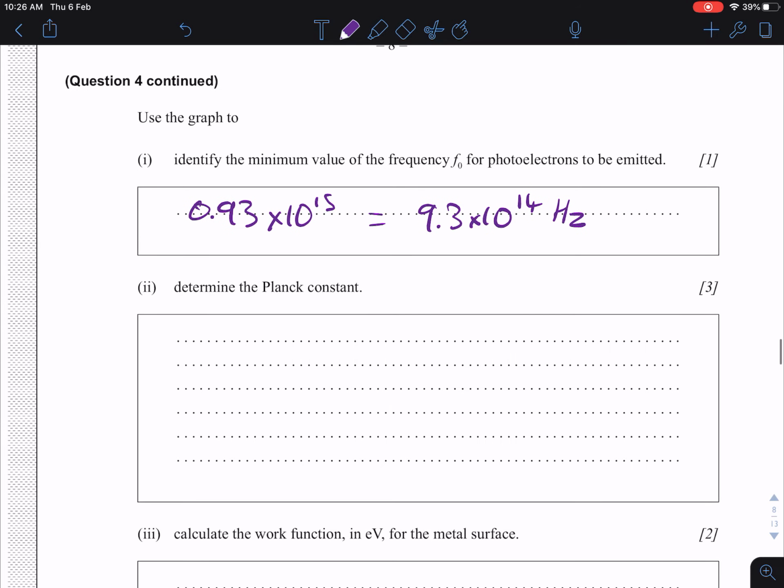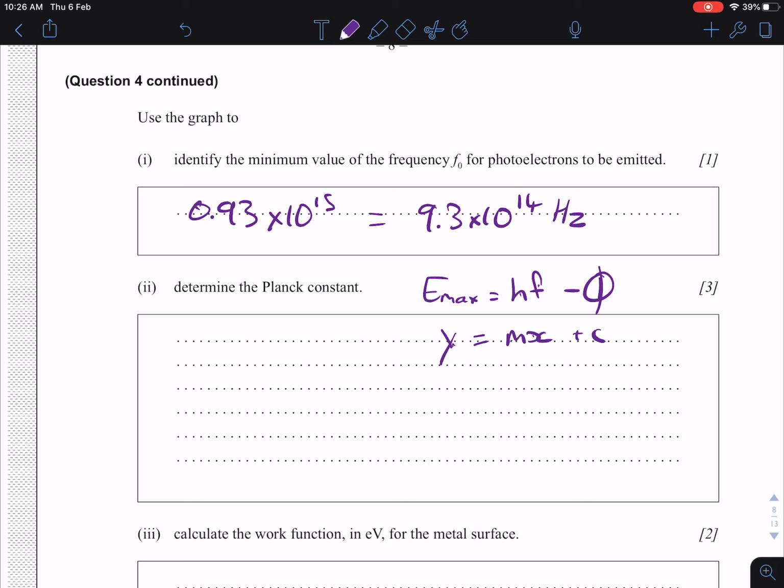Okay, determine the Planck constant. Well, the equation for the line is Emax equals hf minus phi. That's in your data booklet, where phi is the work function. That in the format y equals mx plus c gives us the gradient being Planck's constant, because the x-axis is f and the y-axis is Emax.